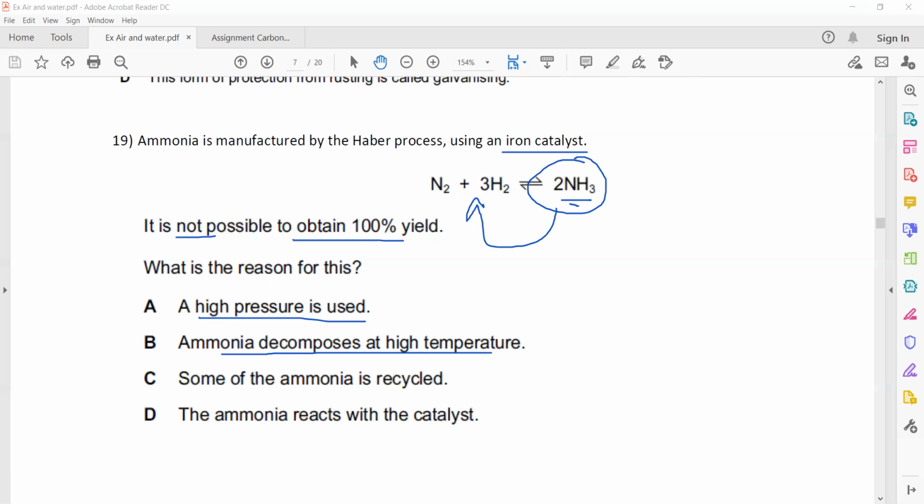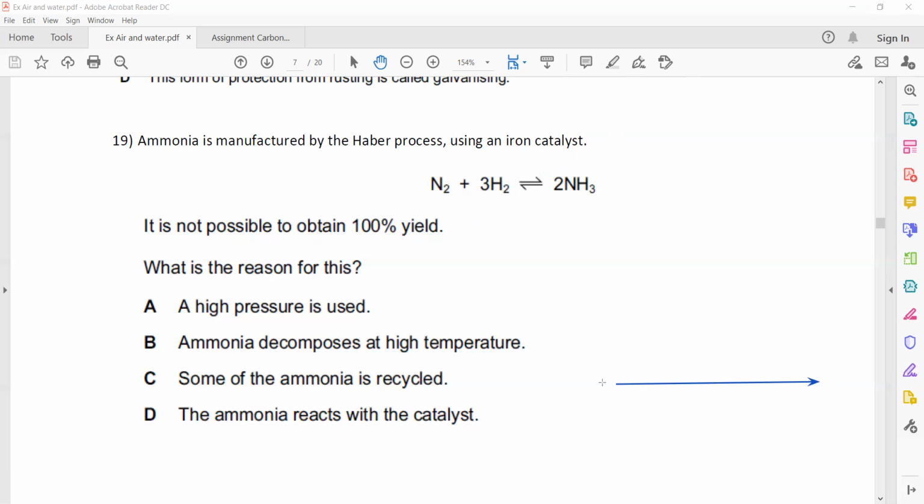Basically what happened, because this reaction is exothermic, nitrogen is reacting with hydrogen.